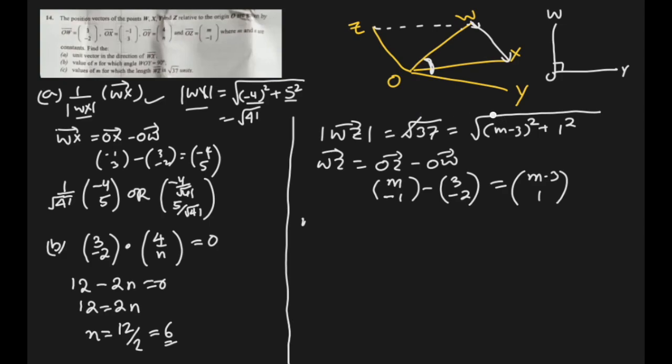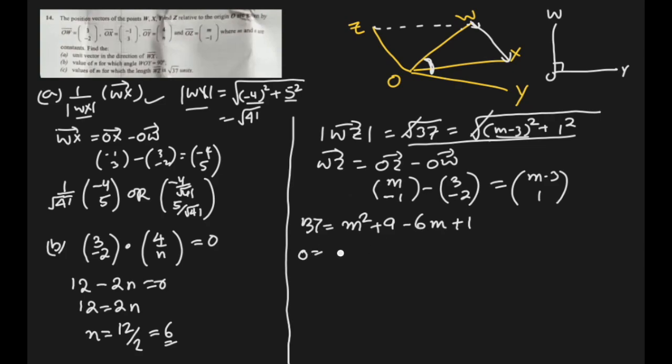And we can cancel our square root from both sides by squaring both sides. So our equation becomes this one. 37 equal to, let's expand this bracket, m square plus 9 minus 6m and plus 1. Okay, so it becomes a quadratic equation.